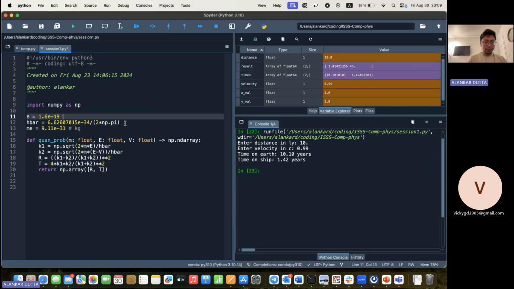The energies are in joules. The units are complicated, but we know this is SI.